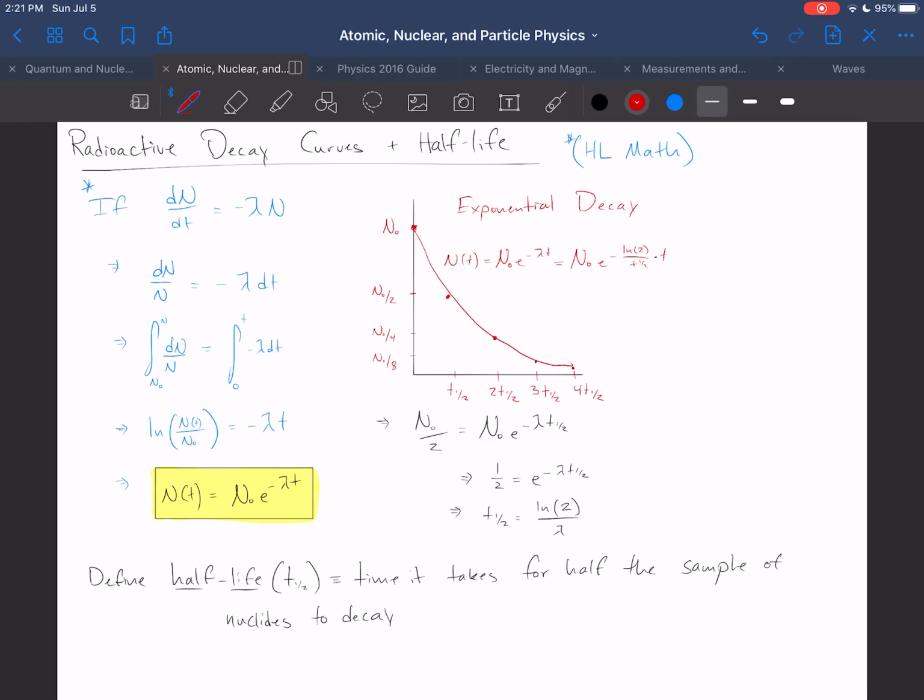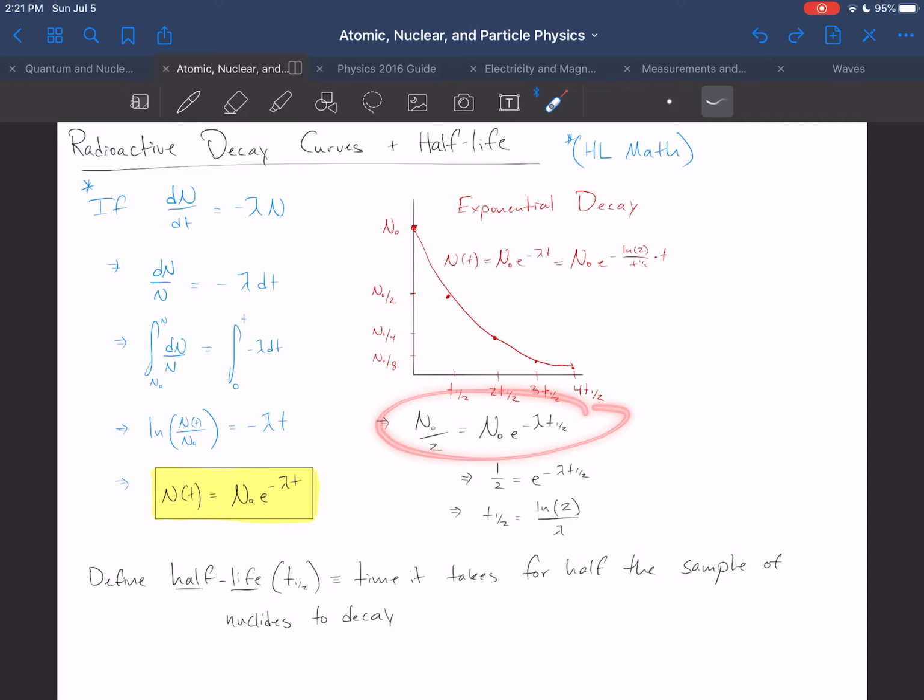The way we're going to do it is we're going to start out with that fundamental equation, that is N of t equals N naught e to the negative lambda t. And we're going to say, if the number of particles, N of t, is exactly equal to N naught over 2, that is the original number of nuclides divided by 2, then that's going to be equal to N naught times e to the negative lambda t sub 1/2, where now t sub 1/2 is a particular time, the half-life, and the number of particles at that time is exactly N naught over 2, by definition.